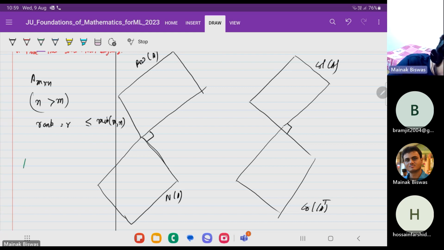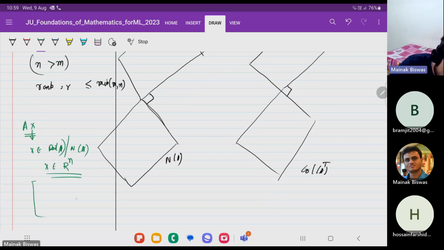Now you tell me, AX, what is this vector? If I do a vector matrix multiplication, what is X in? Do you agree X is in the row space or the null space of A? X belongs to row space of A or null space of A, because X is n dimensional, right?